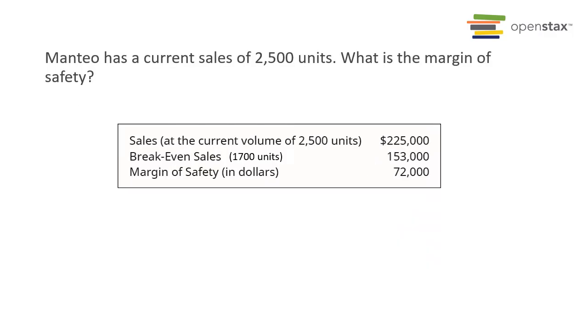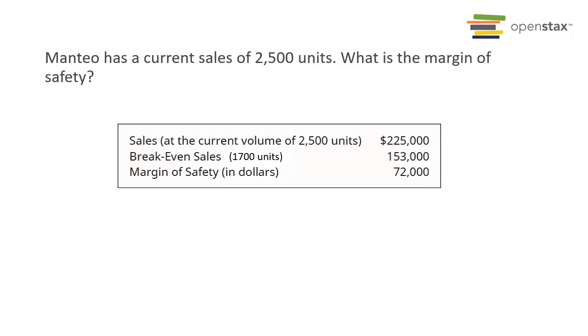Now we can really easily calculate the margin of safety. We take Manteo's current sales, 2,500 units, times $90 selling price from the previous slide, gives us total revenues of $225,000.